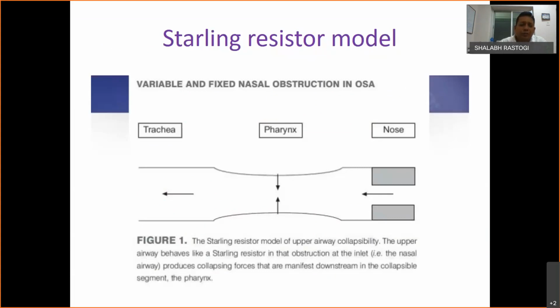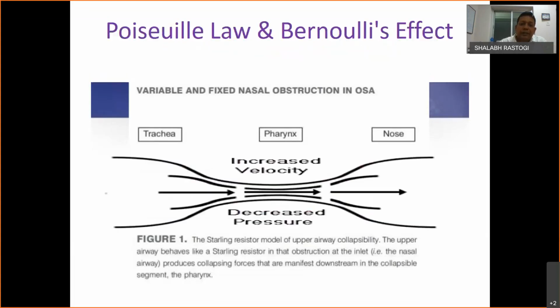If you use a low quality straw and try to suck the fluid from the straw, sometimes it gets blocked, and even if you create more negative pressure, it's not going to open up. You have to give a positive pressure to open it. When this is added to the increased velocity by negative intrathoracic pressure and decreased pressure, it causes choking off or collapse of the pharyngeal segment.